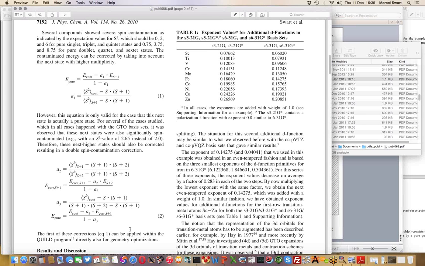Okay. I think you can do this double decontamination for the energy. You can add this; it is an expert option within QUILD, but not yet for the geometry, if I remember correctly. In any way, the formulas are straightforward, so you just need to do some arithmetic.